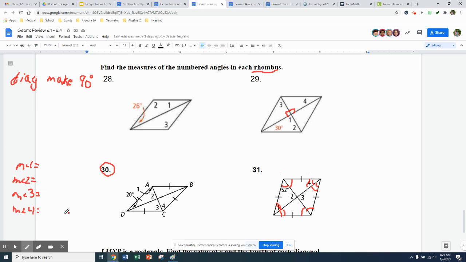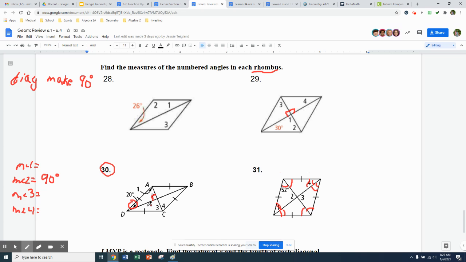So here, angle 1, I cannot find angle 1 until I know what angle 2 is, because I need to know how many degrees angle 2 is in order to figure out how many degrees angle 1 is. Angle 2, since it's where those diagonals are intersecting, is going to be 90 degrees. Now I can go up and look at angle 1. If angle 2 is 90, this angle up here is 20.